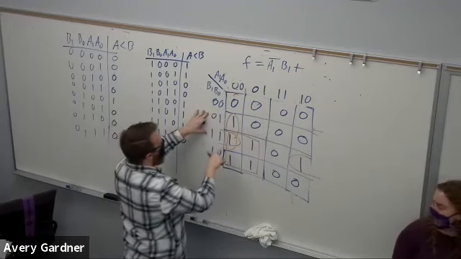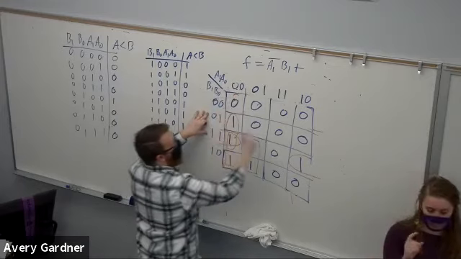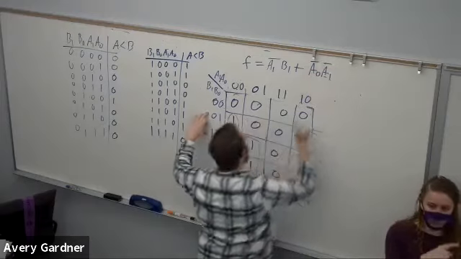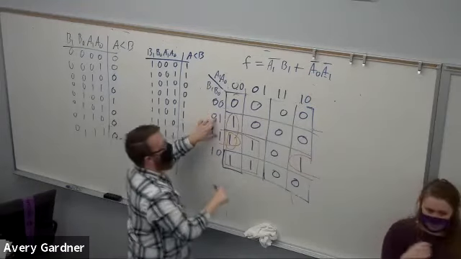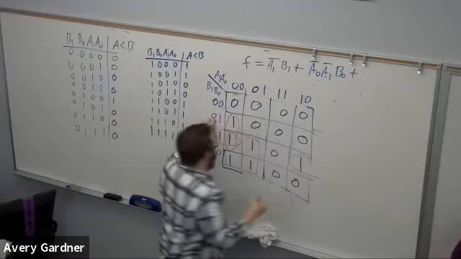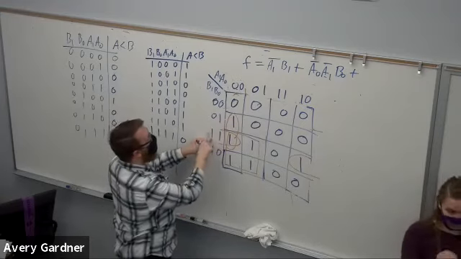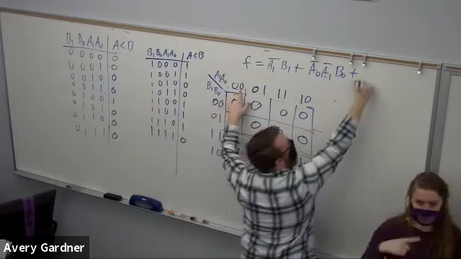This guy has A0 and A1 both don't change, and they're both zeros. But I also have B0 not changing. Then the wraparound is going to have B0 and B1, and looks like A0 bar.